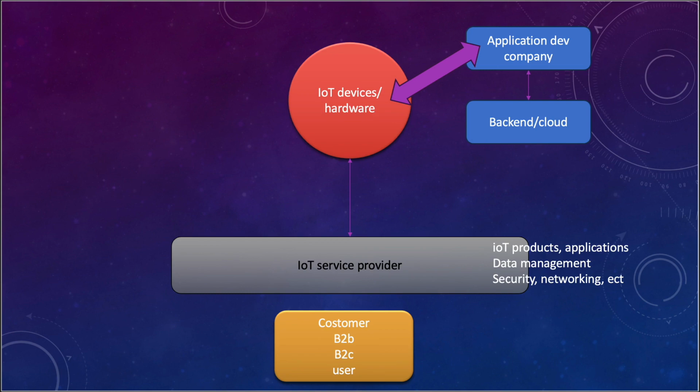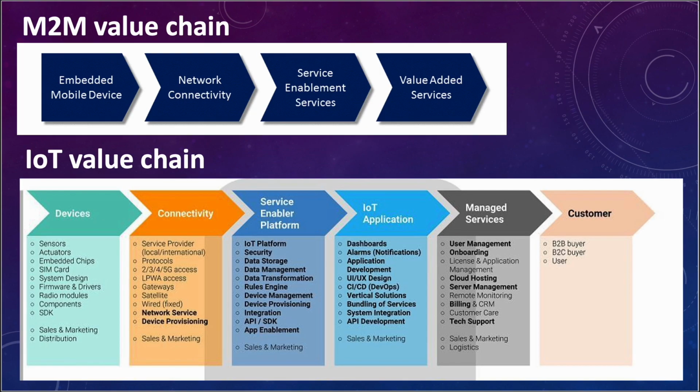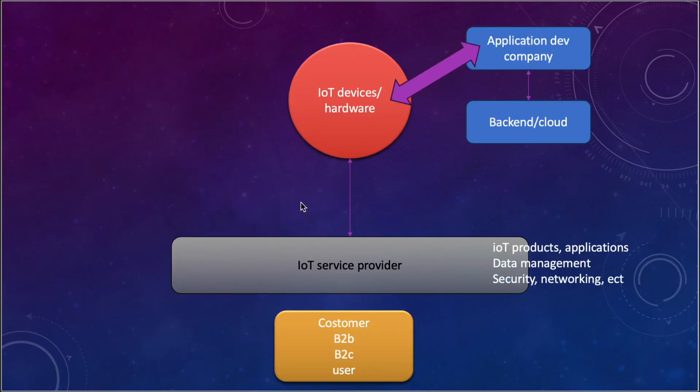Now if you go back to the value chain here, you can see that the service manager is connecting to this company and saying, okay, we need IoT devices to build this IoT system which has been asked for by this particular customer.